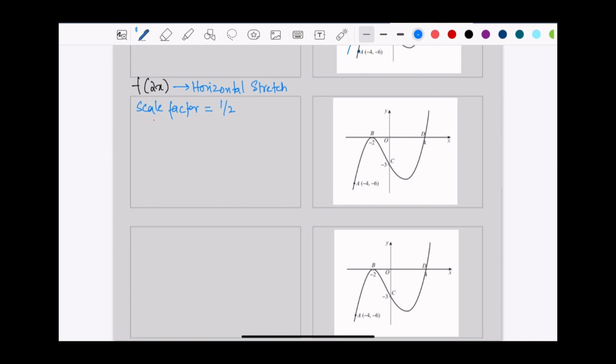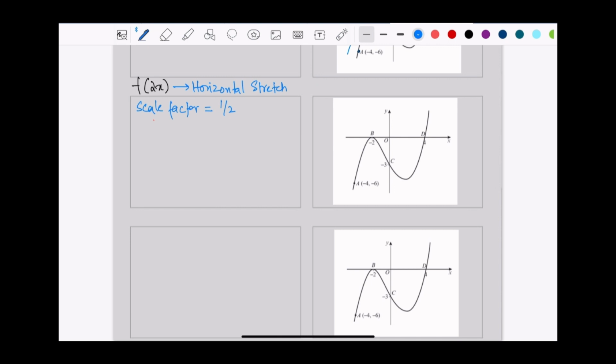You will get to visualize this when you study sine curves, and you can refer to my sketching video related to the sine function to get a clear idea. When sine of x becomes sine 2x, in that limited space the curve will have two waves where it normally had one wave. So let's look at this one.